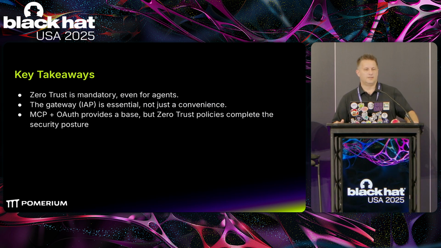So they started these papers called the BeyondCorp papers, and from there they developed what's now called the zero trust security model. And with that, the gateway, the identity-aware proxy is essential. It's not just a convenience. You need this. Whether it's us or any other identity-aware proxy, it's just table stakes these days in terms of security.